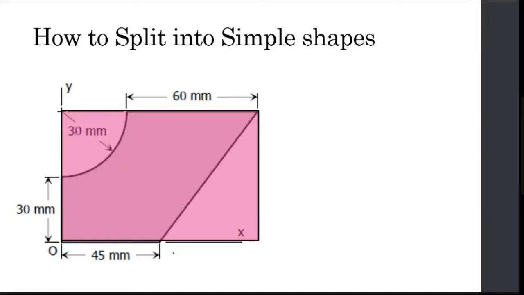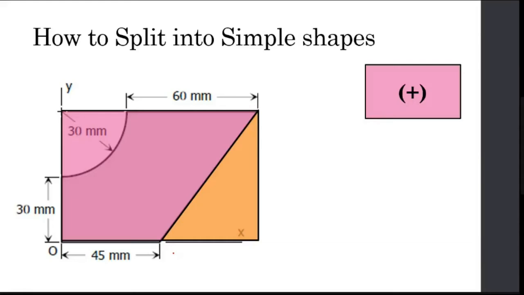You know the dimensions of the rectangle, so you can identify the height and width. This rectangle is an addition of area. Then I can subtract this triangle, and again you know the shape of this triangle.